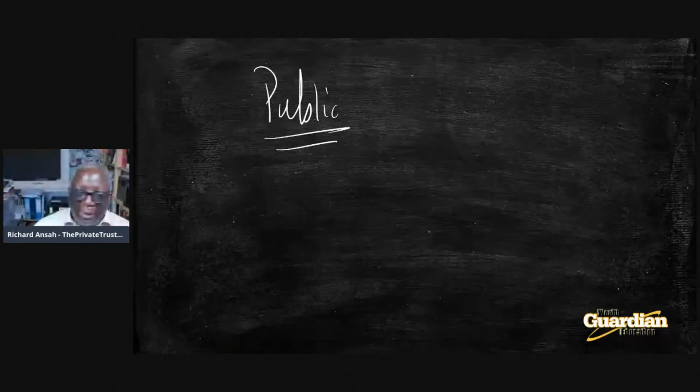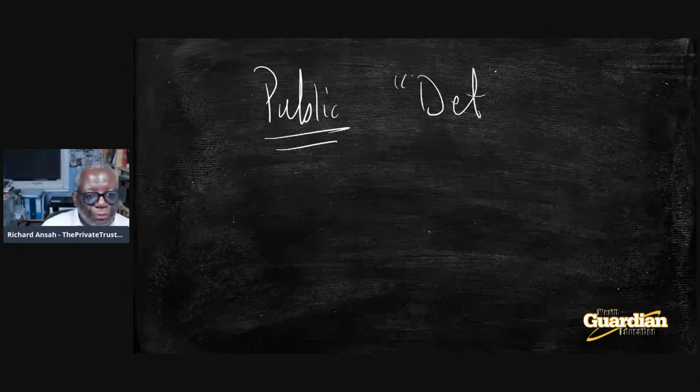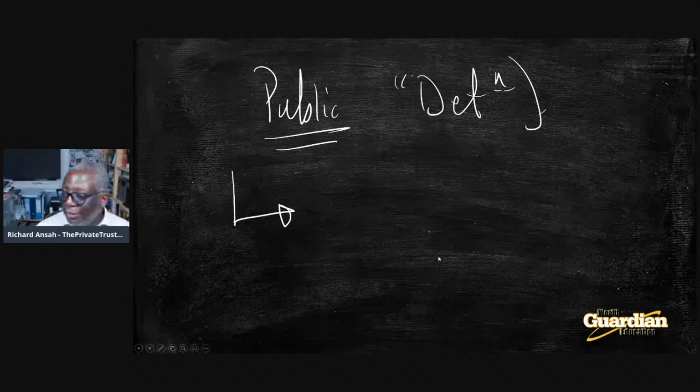So, the public definition. Well, you can all guess. Who wants to guess what the public definition is? If I've explained what private is, what would public mean? Whilst I have a sip of tea, I want to see what people are going to come up with. Now that you've heard my definition of what private is, you might want to rethink the original definitions about being registered.